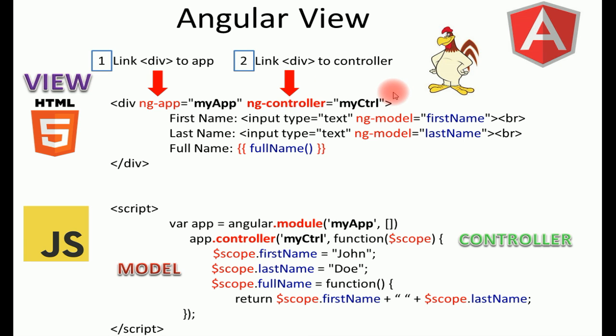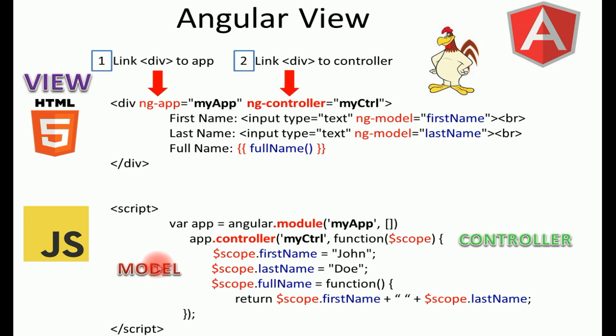With the myCTRL controller comes the model exposed by it. This model is referenced by the scope object, which is exclusive to the myCTRL controller. Taking a closer look at the view, in the first input element, ng-model is binding the input element value with the firstName property.